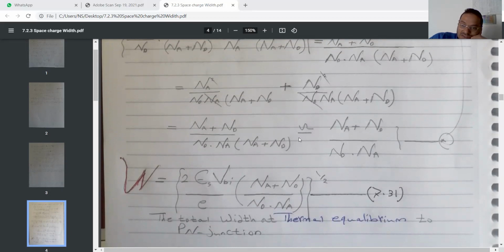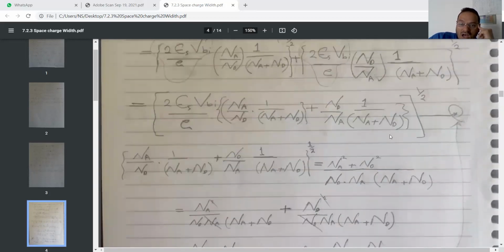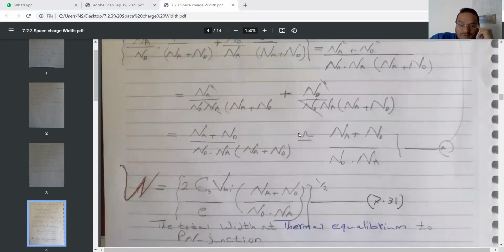Na plus Nd. Here, to make this equation like our source, we can see near from this result by ignoring this bracket, it will be acceptor concentration plus donor concentration divided by Nd times Na. We will just put this last result here and calculate all this equation again.